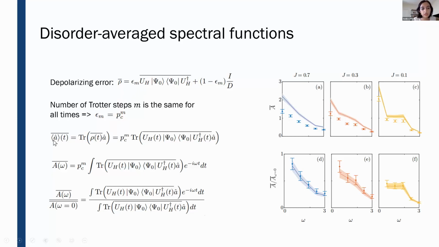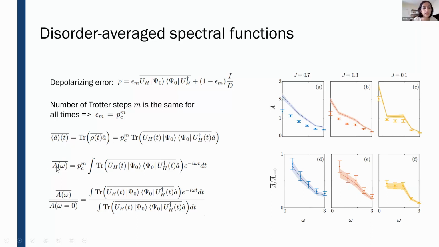When we calculate the expectation value of this observable, epsilon m is the probability of getting the correct answer in one Trotter step to the power of the number of Trotter steps.